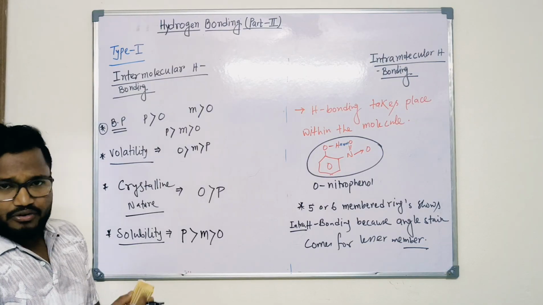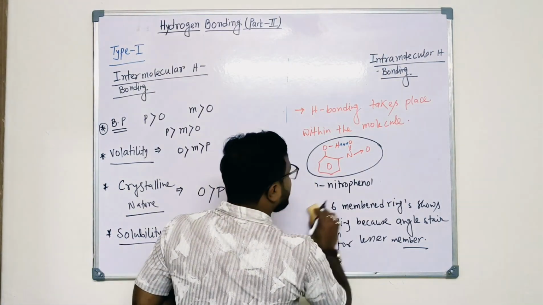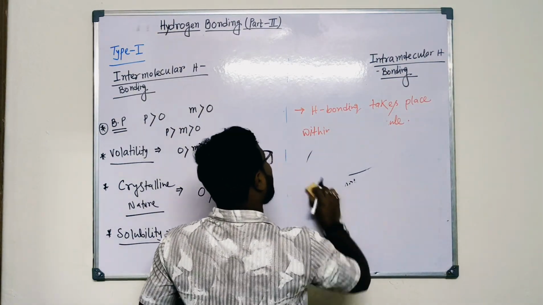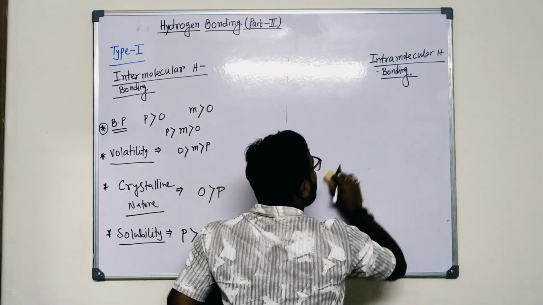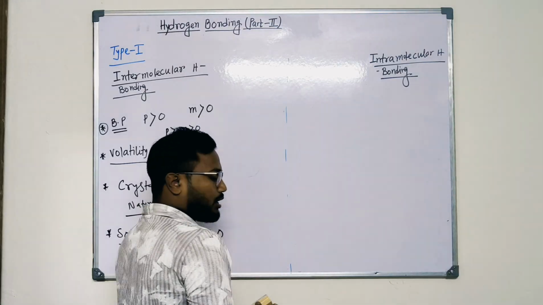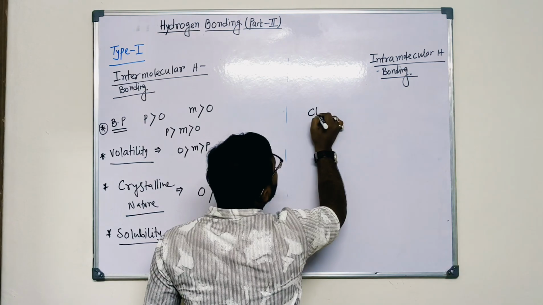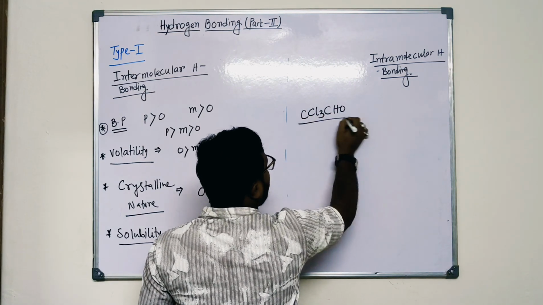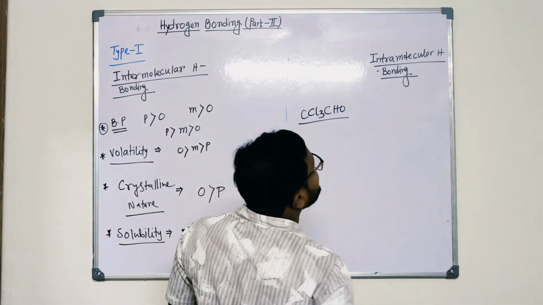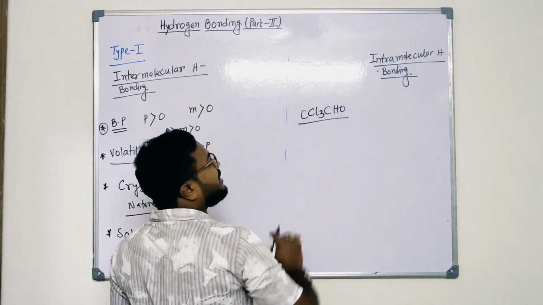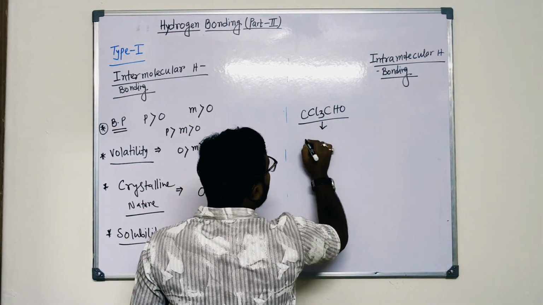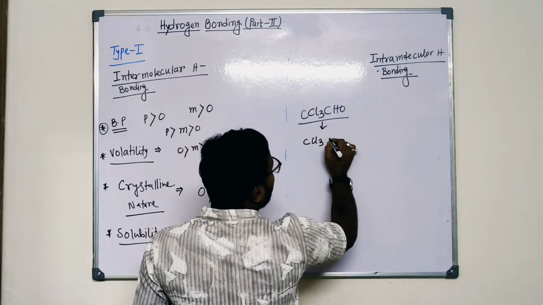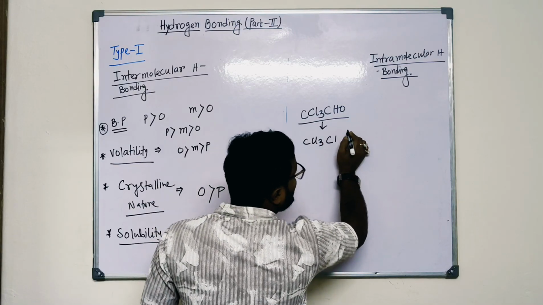One more example for intramolecular hydrogen bonding, that is your chloral dihydrate actually. In case of chloral, what happens? We are going to see CCl3CHO. We know chlorine does not show hydrogen bonding. But in case of CCl3CHO, it is hydrated and the compound becomes CCl3CH(OH)2.